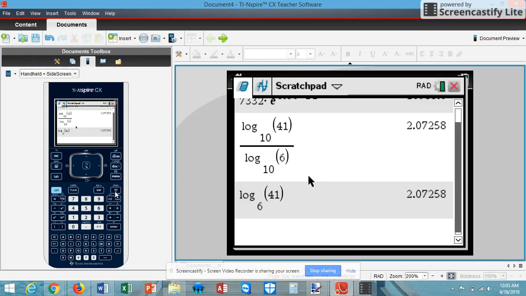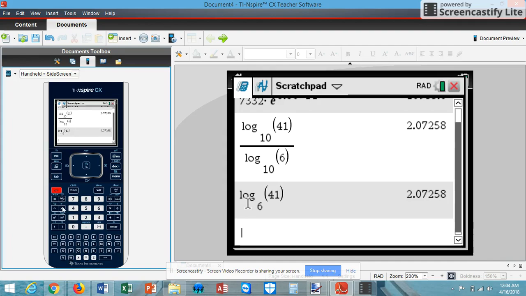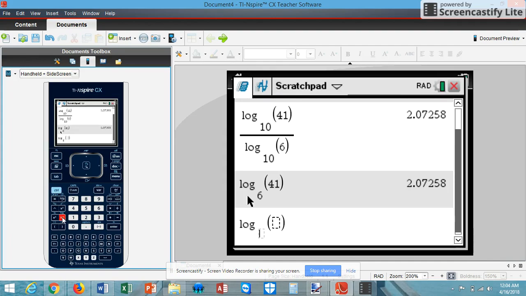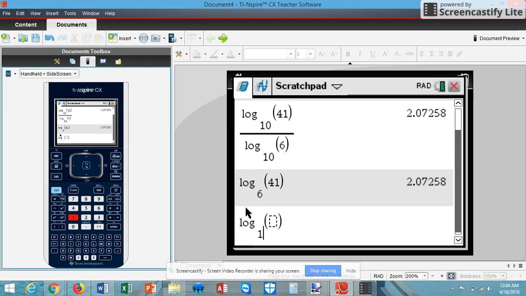So if we put that in, which is, by the way, control, and then this button right here with the 10. Since this calculator lets you put in a base, we'll just put in 10 for right now. And then 41 over log base 10 of 6.